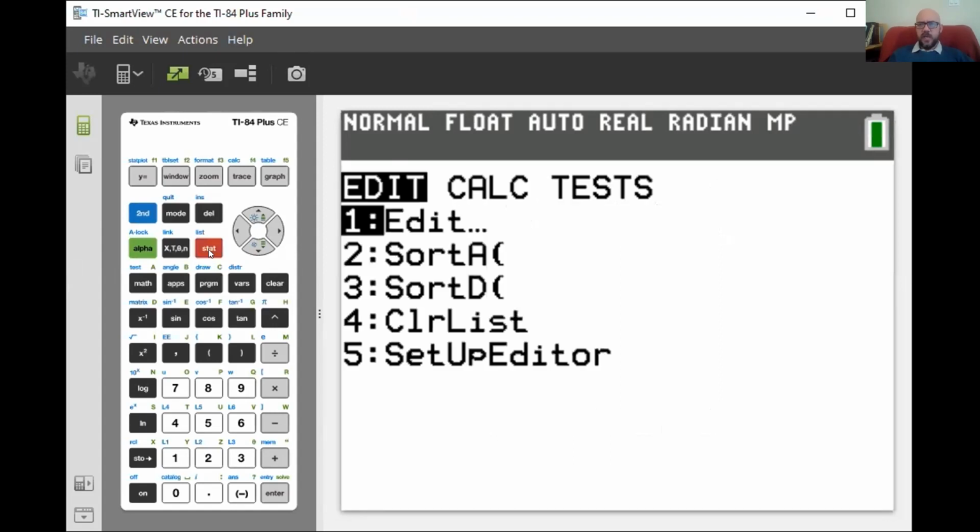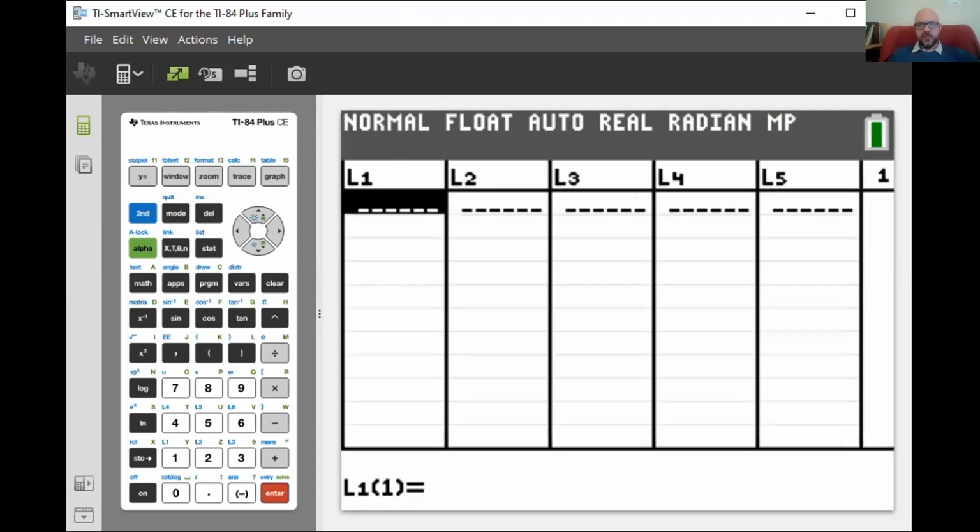So I'm going to go to stat and edit, and I'm going to type in the weights into my two lists. I'm going to move around my windows a little bit here so I can actually see these things while I'm typing them in. I know you can't see me doing anything, but I am. All right, so list 1 is going to be before, and list 2 is going to be after.